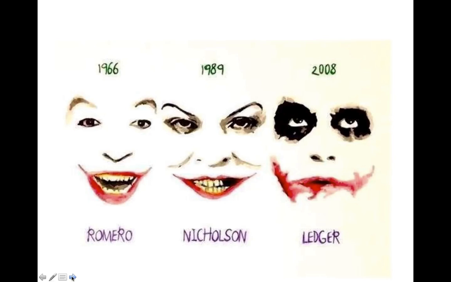So moving away from his more simplistic and cartoonish origins, and elevating him to a darker and perhaps more mythic proportion. So reflected kind of the darkness of our times.